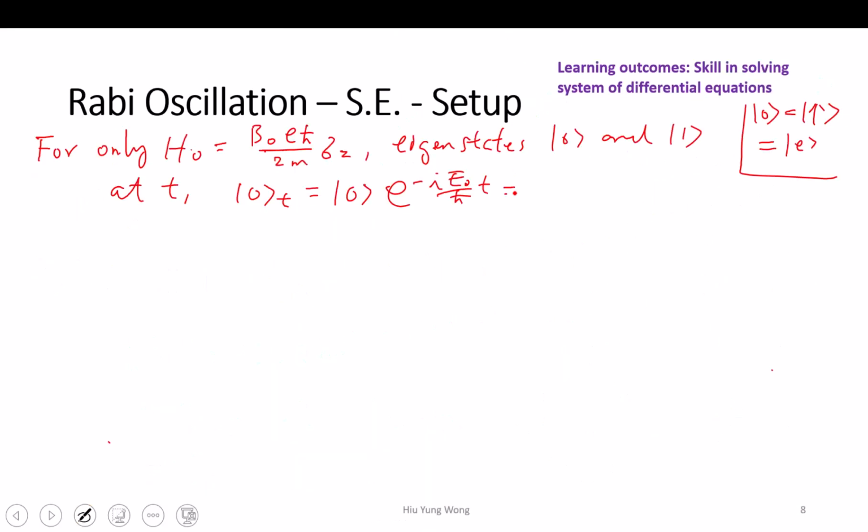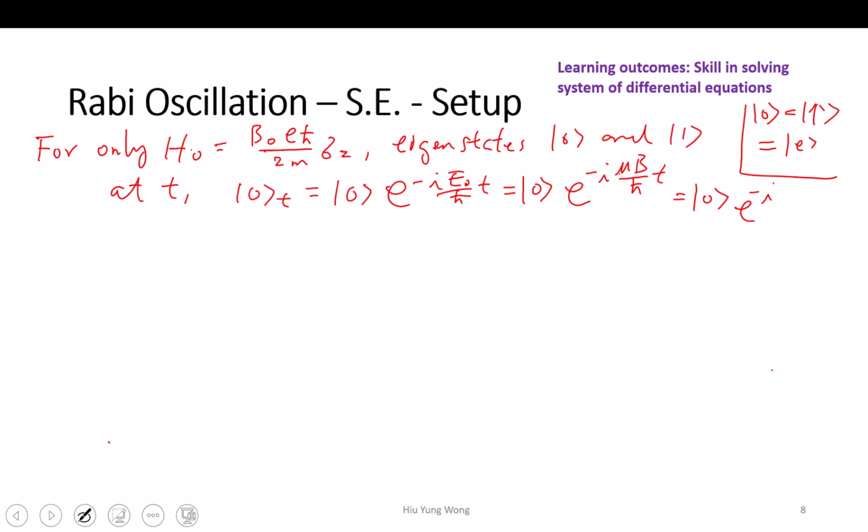So this is equal to 0 e to the power negative i mu B divided by h bar t. But what is mu B divided by h bar? This is equal to 0 e to the power negative i. You probably see it already, but I try to expand it, right?